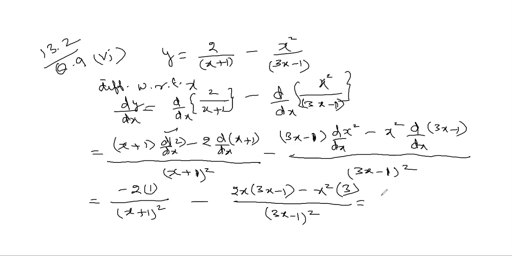You can simplify it. On simplification, minus 2 by x plus 1 whole square, minus 6x square minus 3x square, that is 3x square, minus 2x, divided by 3x minus 1 whole square.